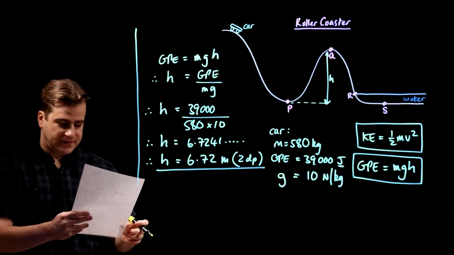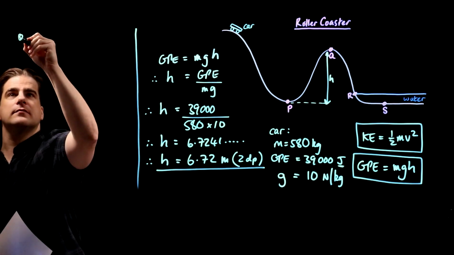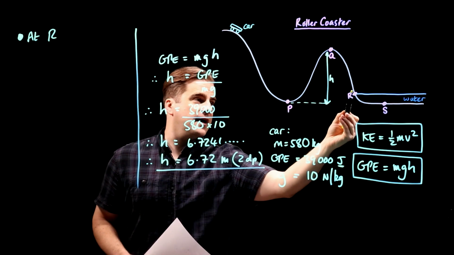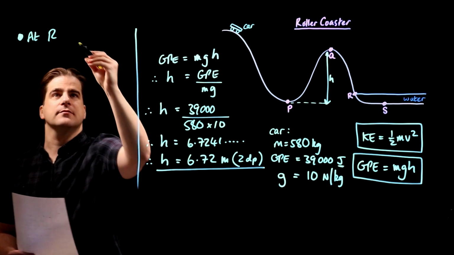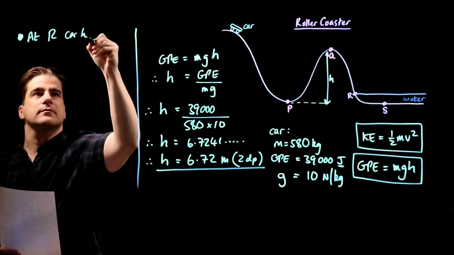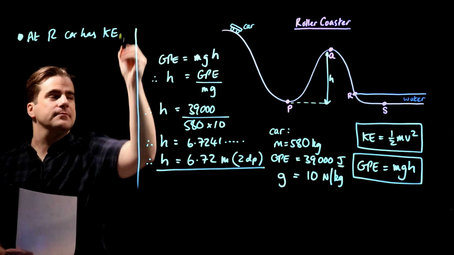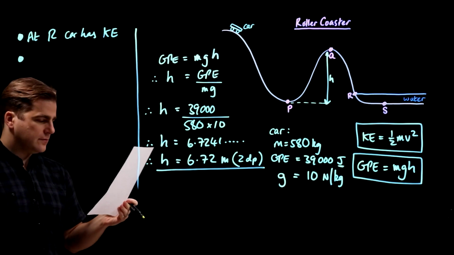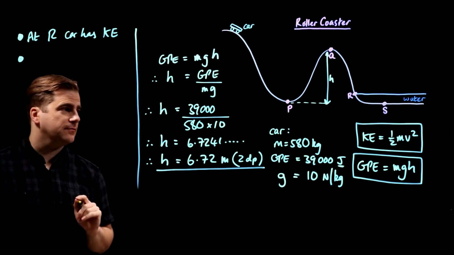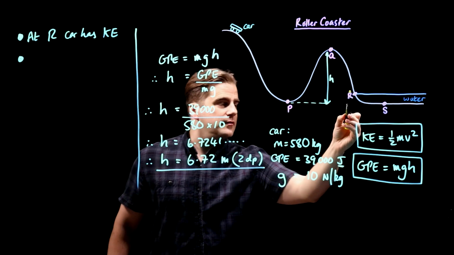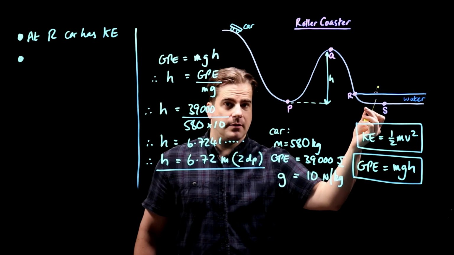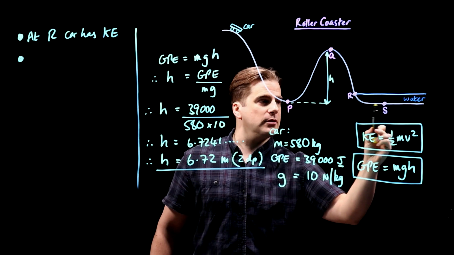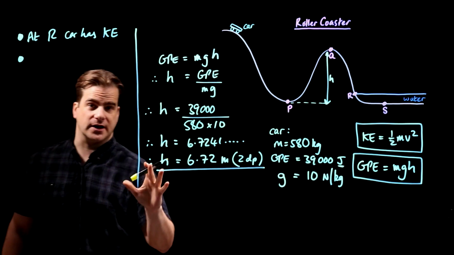So start off by saying that at the point R, the car has kinetic energy. Next. Right, you need to mention friction. So it's moving with some velocity at R and it comes to a halt at S. During that whole time, the car is doing work against friction.